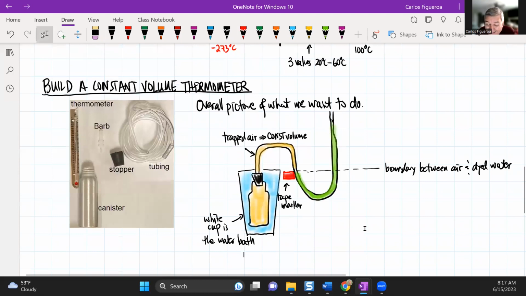So now here is the trickiest part. What you're seeing here is that the tubing is open to the atmosphere. And so the next thing you want to do is you have a tape measure.